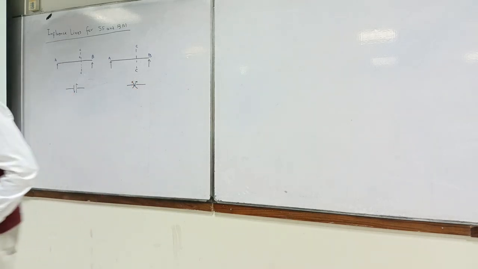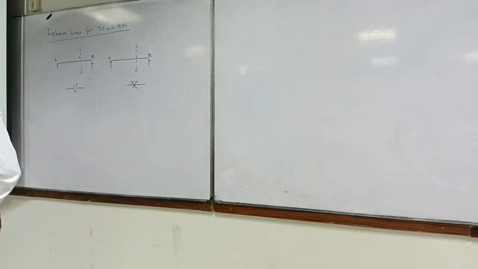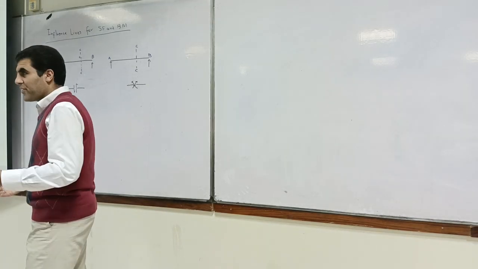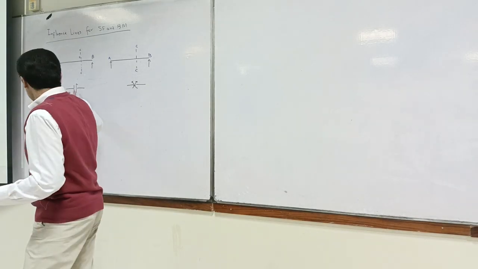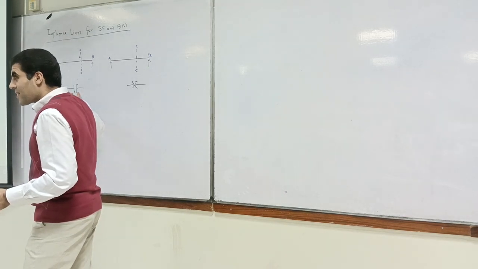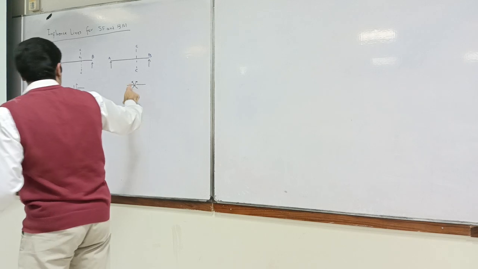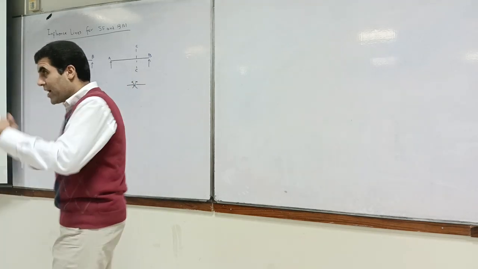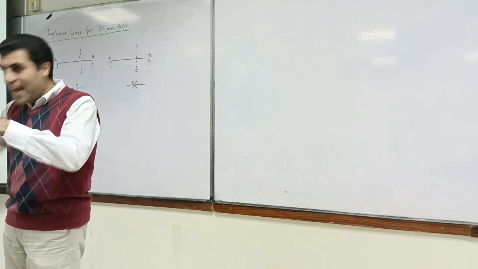Now, in your opinion, what should we do to release this sort of thing? I will just use your common sense, okay? What should we do to release this sort of thing? In the case of moment, as we discussed, not to have these two moments appearing, you provide a hinge.